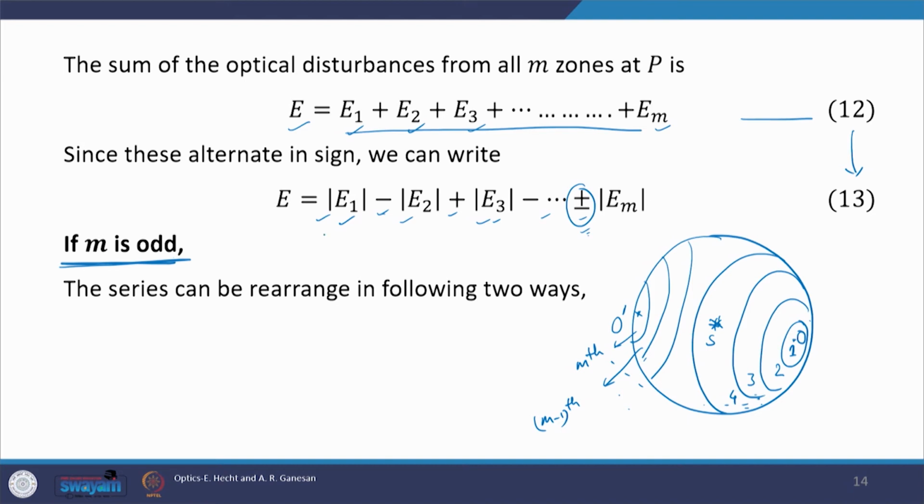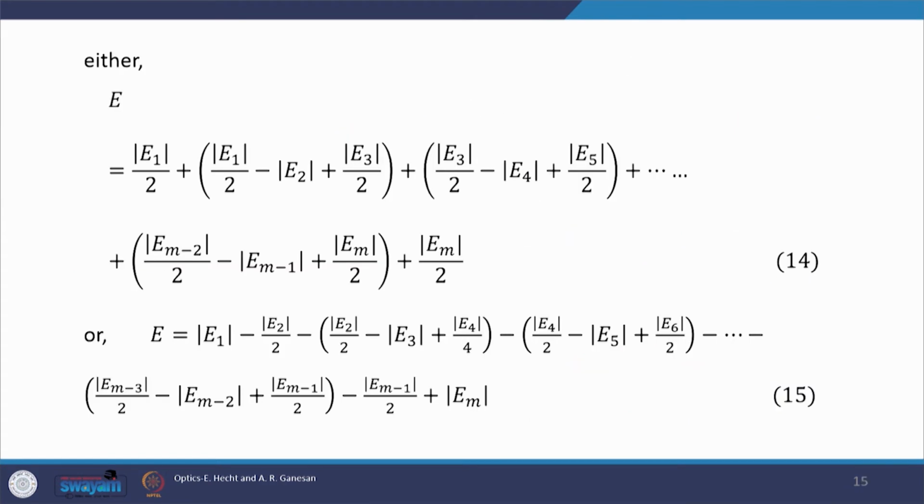Now, this series which is given in equation number 13 can be arranged in two ways. The first way is E is equal to E1 by 2. Like what we did is that we were having E1 and then E2. This is how things were written in equation number 13.